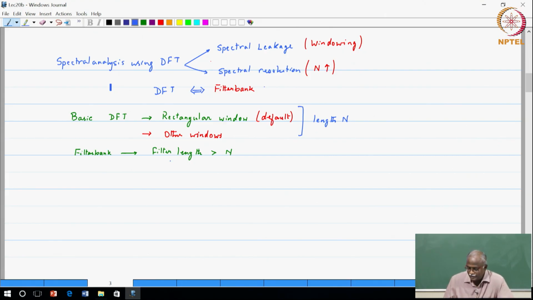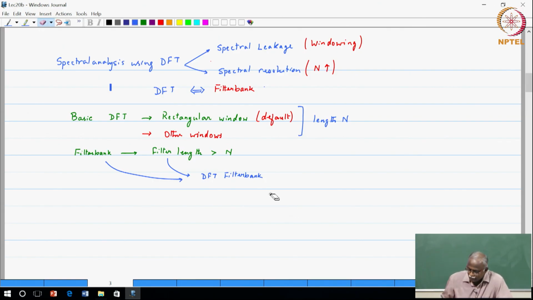But a special case of the filter bank is when you have a DFT filter bank. You have designed each of the filters as shifted versions. So, in that case you get a DFT filter bank, and whenever we want to compare it with the DFT, then the filter bank cannot be an arbitrary filter bank, it has to be a uniform filter bank, it has to be shifted versions, very similar to what the basic DFT itself is doing.